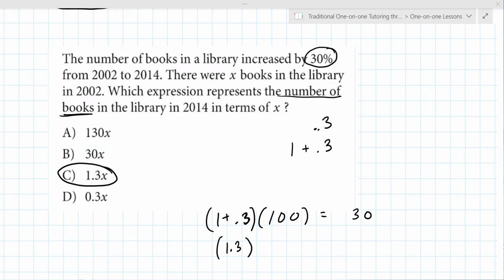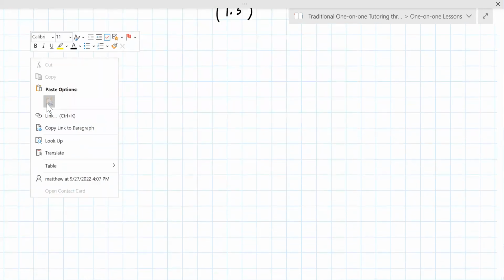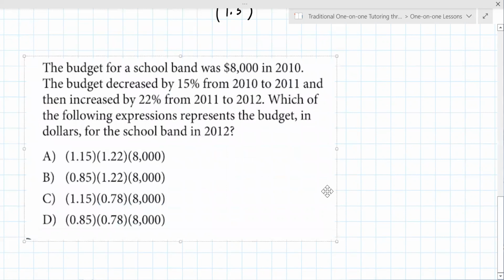Let me go back and see if I can find some more here. Okay, here's another one for us to try. The budget for a school band was $8,000 in 2010.